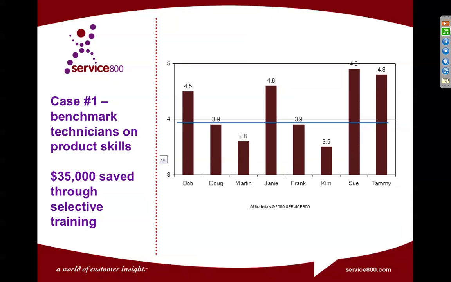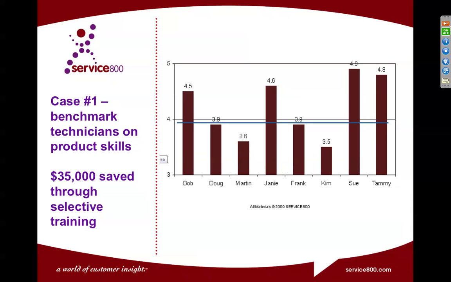By having a measurement program in place with statistically valid selections and measurements, they're able to measure each one of their technicians. They were able to compare how each one of those technicians was performing compared to an industry benchmark on that particular product. In this chart, you can see that there were some technicians that perform well ahead of what is normal, and some technicians that are performing well behind what is normal.